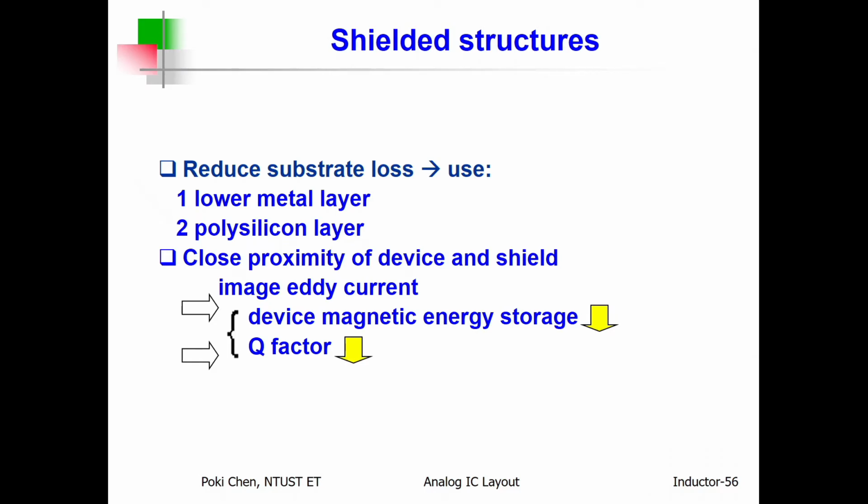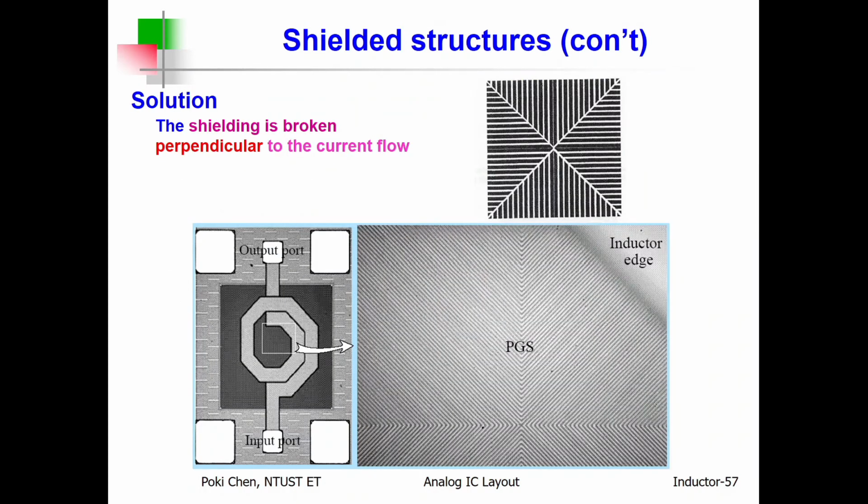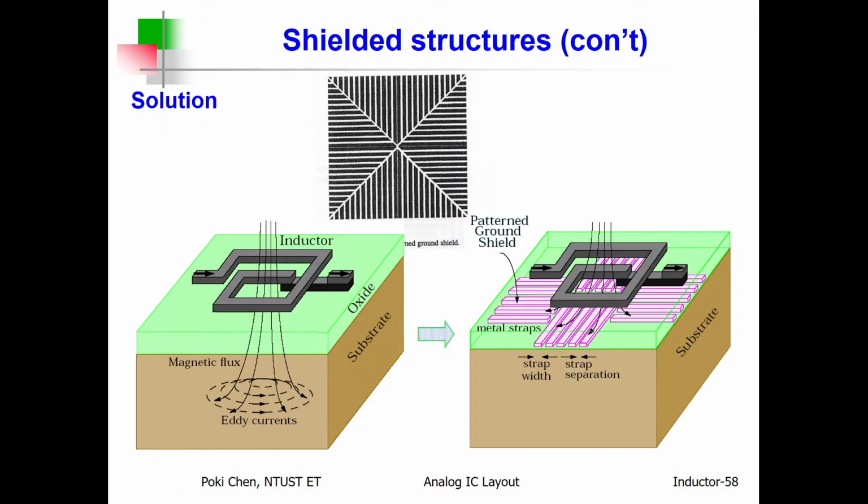All right, then I would like to tell you how to enhance the Q factor for such kind of on-chip inductor. You can apply the so-called PGS. Yeah, patterned ground shield. What's that? This is a much better explanation.